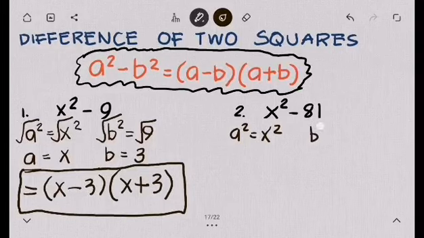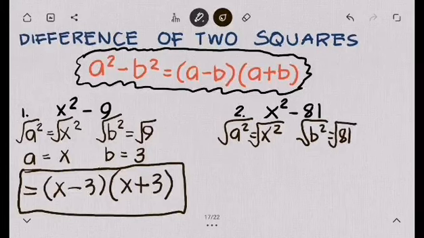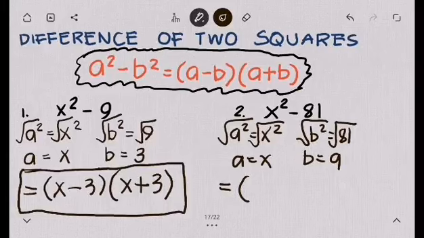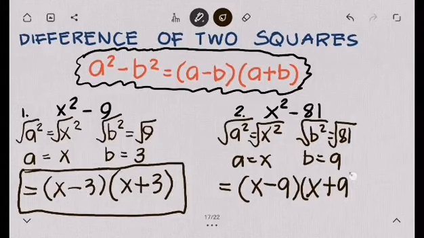And then, ang b square natin is 81. So, kunin uli natin yung mga roots. So, we now have a equals x and b equals 9. Proceed na tayo sa factoring. So, the factor of x squared minus 81 is simply x minus 9 times x plus 9. Okay. So, that's it.